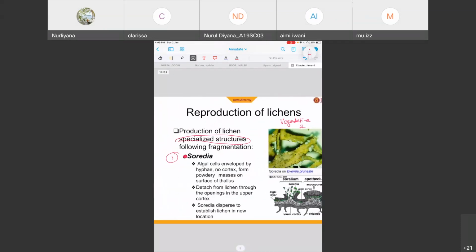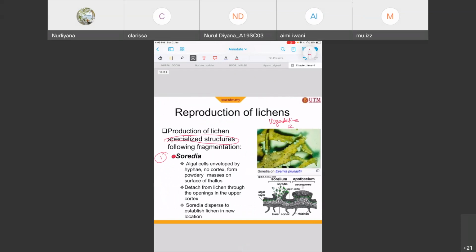So Soredia is mainly on the cells. If you look here, they have ascospores, and you can see that the green one is your algae. This Soredia is a specialized structure where algal cells enveloped by the hyphae, with no cortex, form powdery masses on the surface of the thallus.